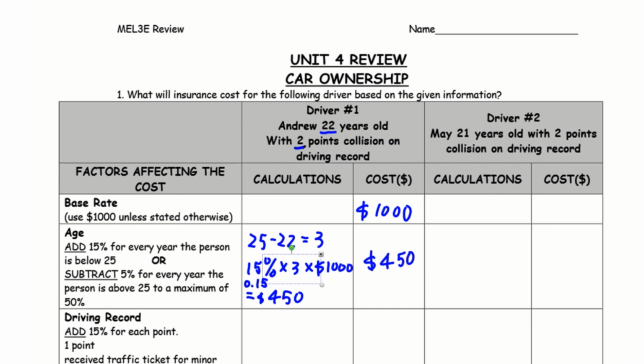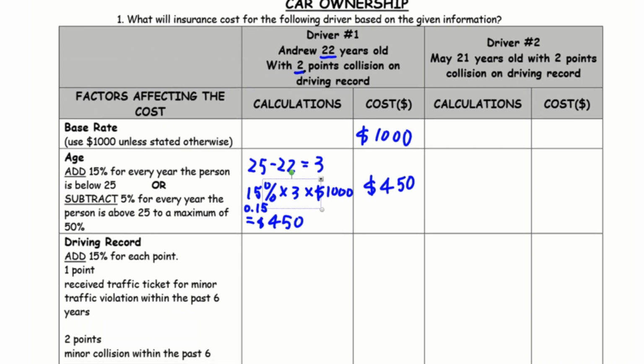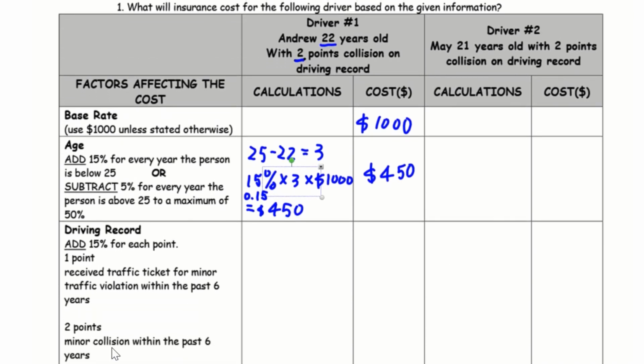So this is how you show the calculation, and here we put $450. Then for the driving record, 2 points is a minor collision within the past 6 years at 15% for each point. Now you have 2 points, so times 2, then times the base rate, 1,000.